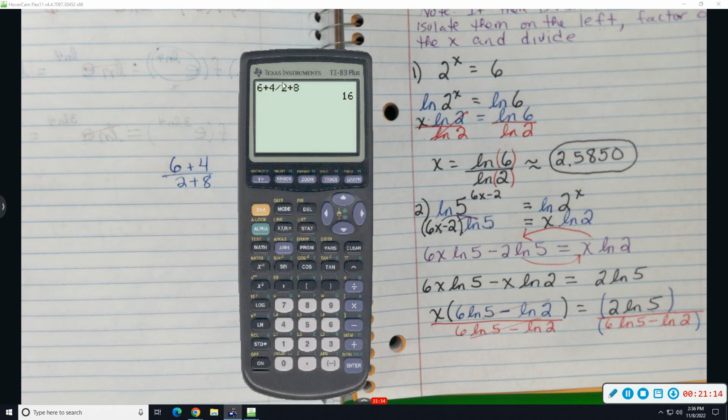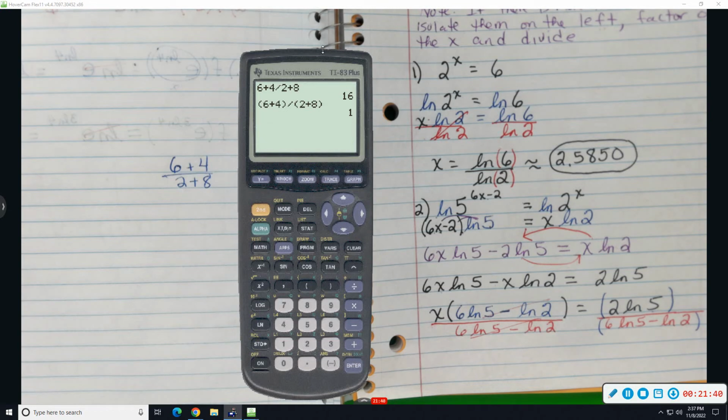If you don't have this stuff in parentheses, it's going to do that division, 4 divided by 2 is 2, and then add. That's why it's getting 16. In order to make it give you the correct answer, you've got to have the top in parentheses and the bottom in parentheses. Then it does 10 over 10 and gives you 1.